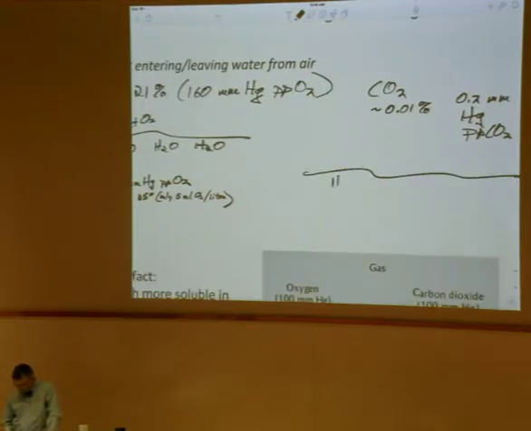Again, if we had water molecules here, the thing about carbon dioxide is that carbon dioxide will form hydrogen bonds with water molecules.